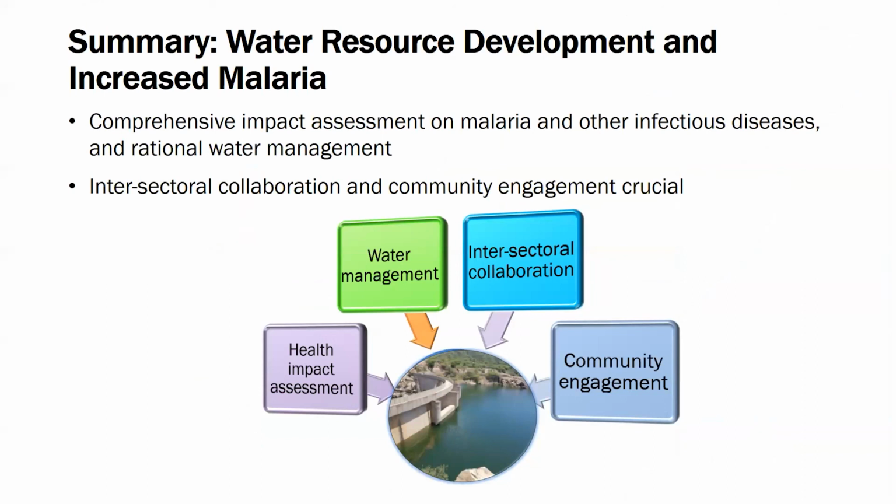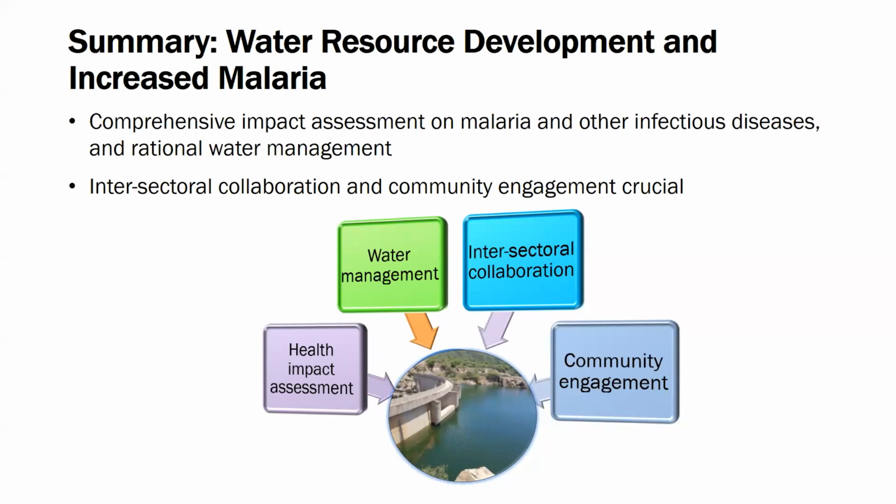So in this presentation, I showed you increased malaria burden associated with water resource development in Kenya and Ethiopia. Water resource development projects are very important to economic development and food security. So the implication of our study reaffirms the need to conduct comprehensive impact assessment on malaria and other infectious diseases prior to construction.